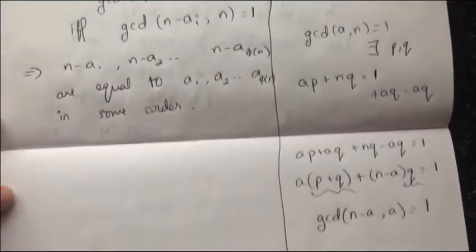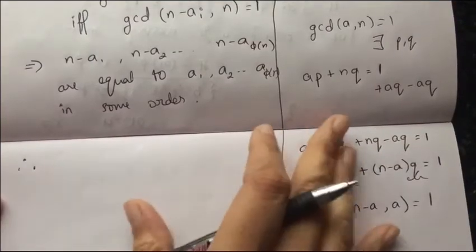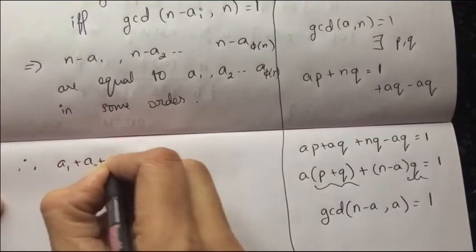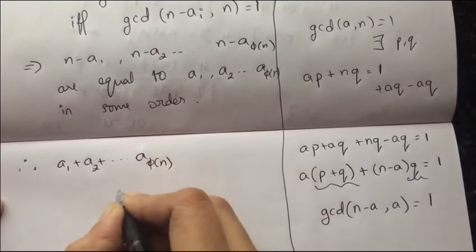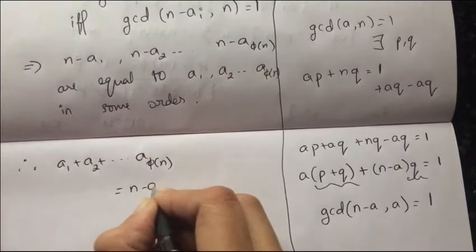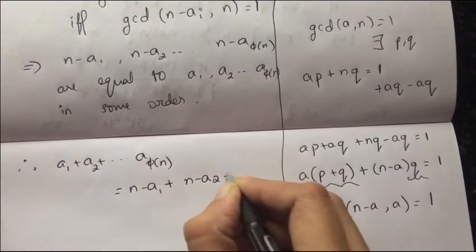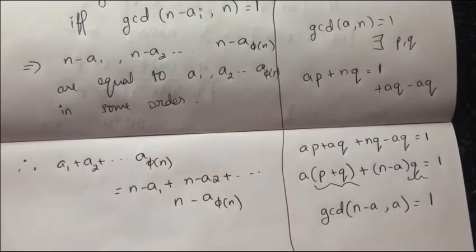So what I can do is add all of these: a1 plus a2 up to a phi of n equals n minus a1 plus n minus a2 up to n minus a phi of n.